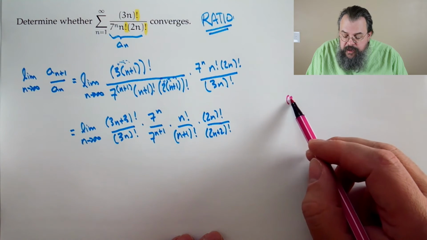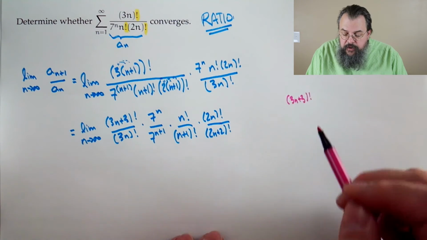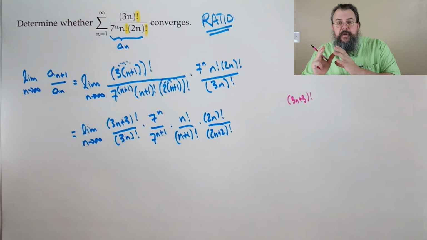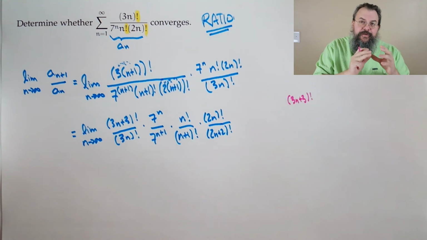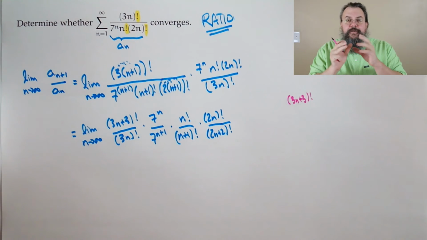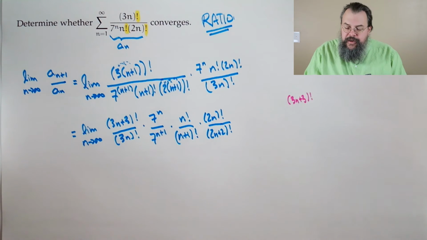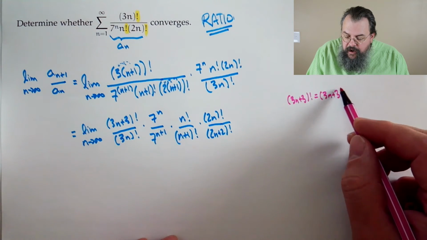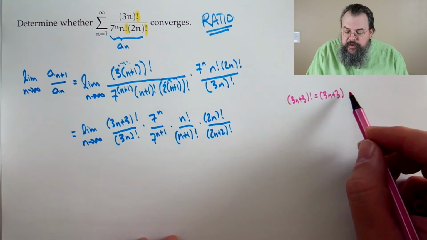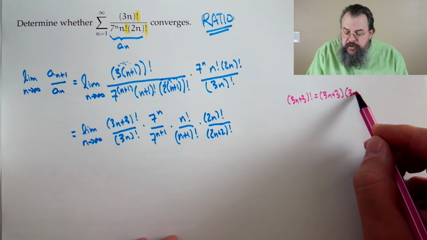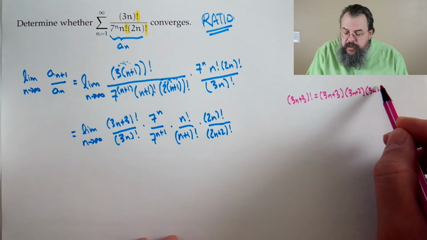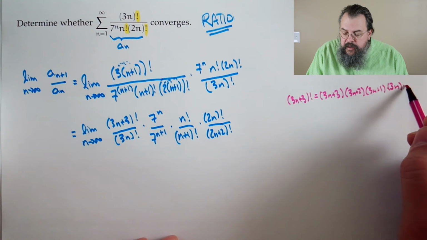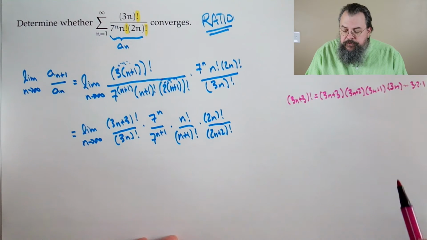So 3n plus 3 factorial means you start with 3n plus 3 times 3n plus 2 times 3n plus 1, times, okay, so you're really multiplying all the numbers starting from 3n plus 3 all the way down. You can think of it as 3n plus 3 times 3n plus 2 times 3n plus 1, down to, well, actually I'll do 3n all the way down to 1.